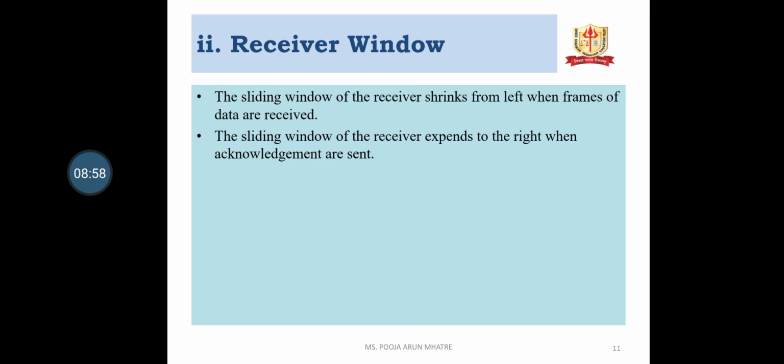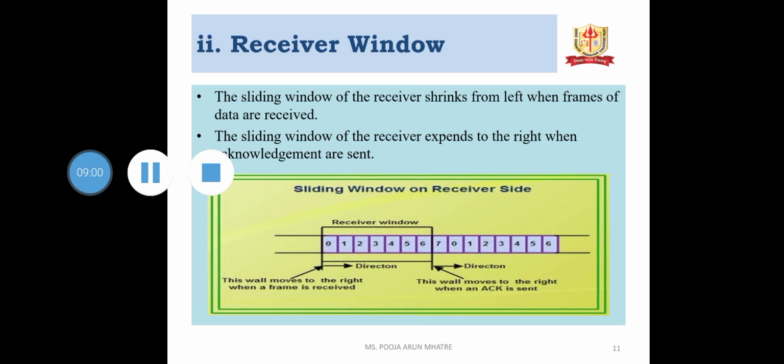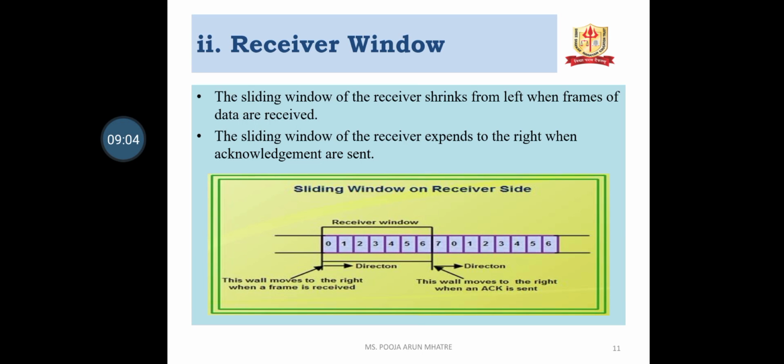At the receiver window, the sliding window of the receiver shrinks from the left when frames of data are received. The sliding window of the receiver expands to the right when acknowledgements are sent.